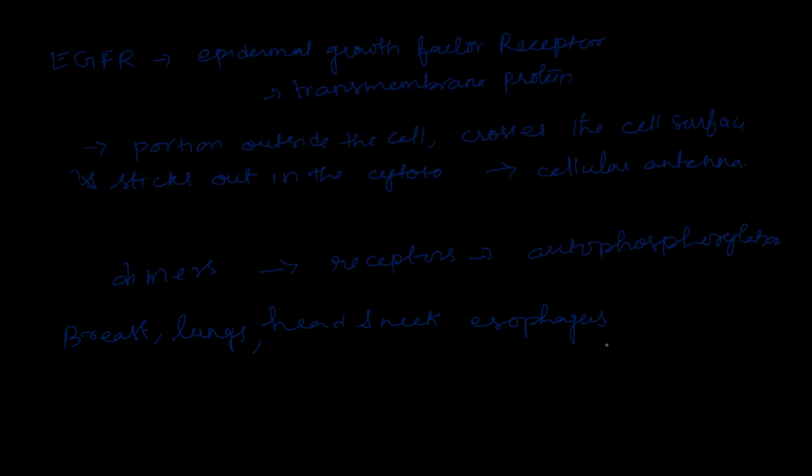Okay, now activation leads to autophosphorylation. And when these two copies of proteins are added, it will bring about a chemical change in the cell. That is, maybe it is going to add some phosphate group. So because of which there will be an elevated level of EGFR, and it obviously leads to cell proliferation. So these kinds of cancers are seen in breast, lungs, head and neck, and esophagus.